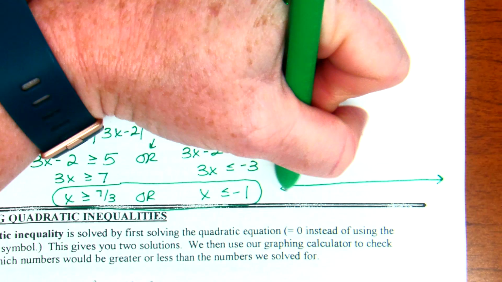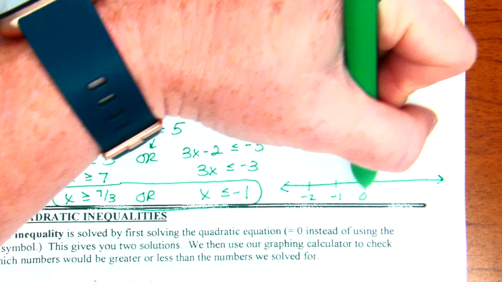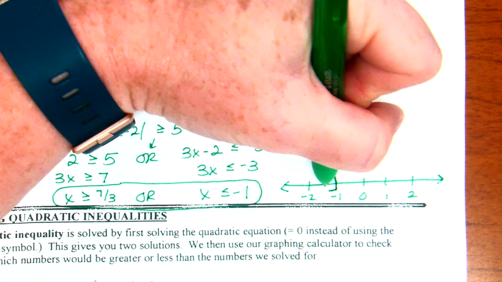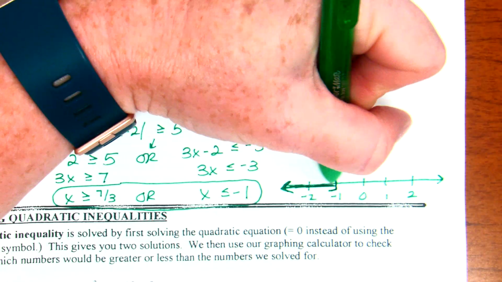And if we put the graph on here, what do we have? So x less than or equal to -1. How do I graph x less than or equal to -1? That is a bracket going left.